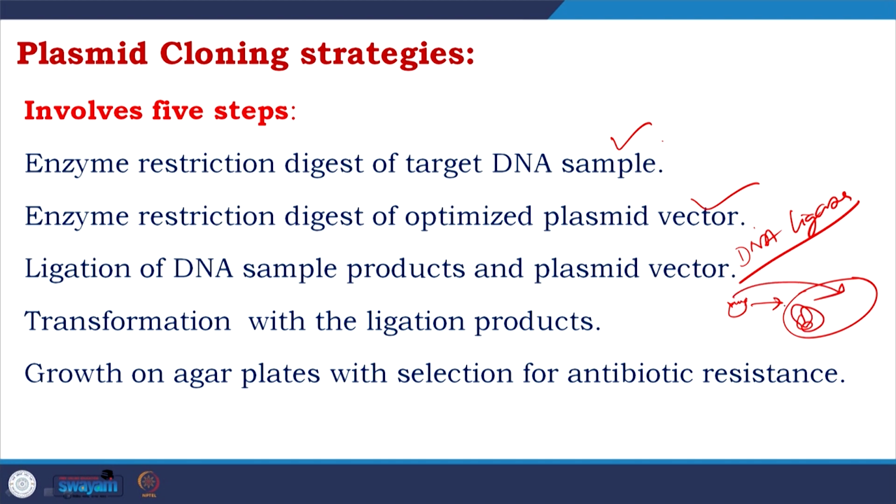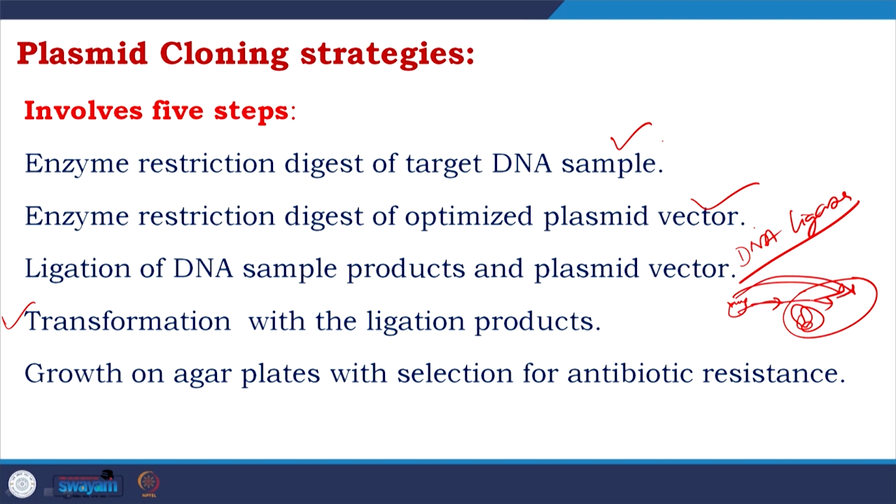That is called transformation. Then growth on agar plates with selection for antibiotic resistance, which will help ensure that the vector is there as well as the gene.